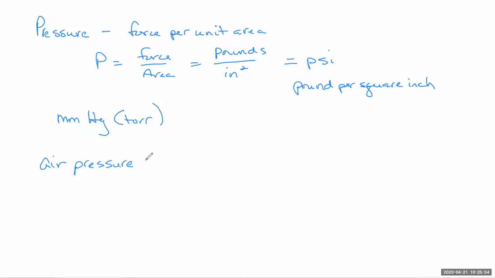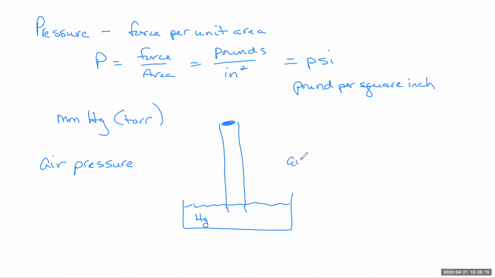When you're looking at air pressure, you might measure that with something called a barometer. If we looked at an open barometer, this is a very bad drawing of one, what you would have is some liquid mercury in here, and then a sealed tube sitting inside of it. The air around this is going to collide with the liquid mercury and drive it up the tube.